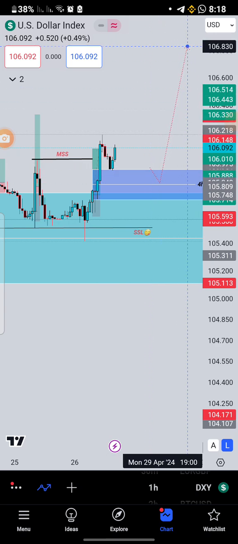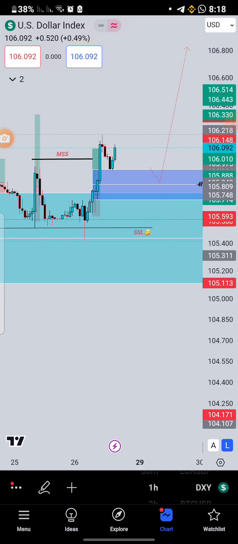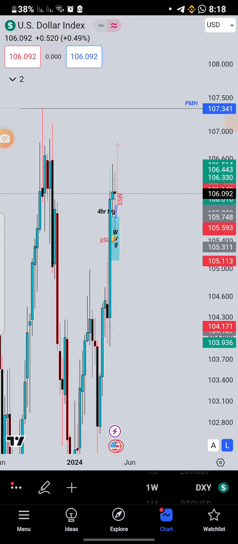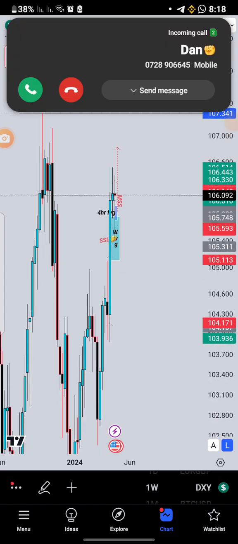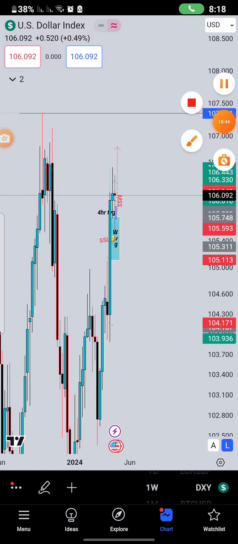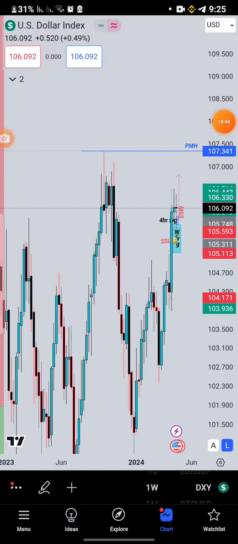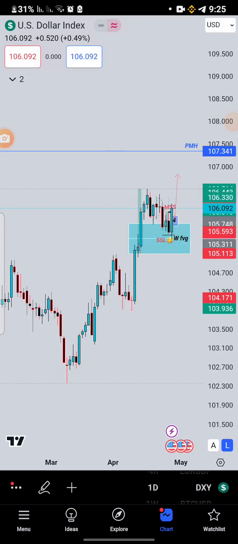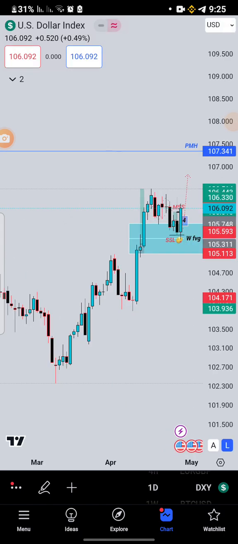My draw on liquidity, my low hanging fruit first.